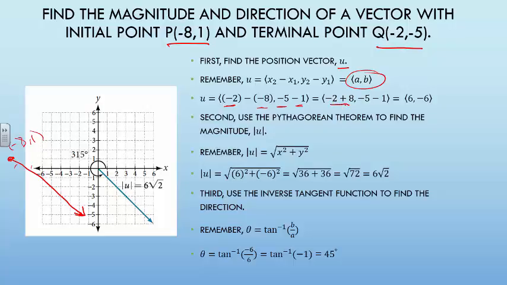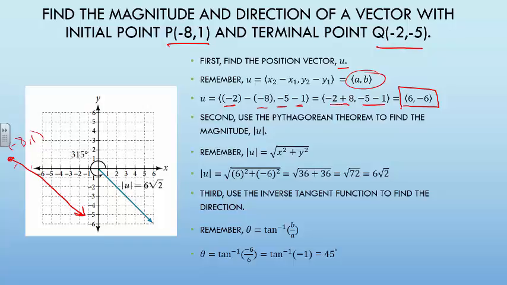A negative and a negative is a plus, so that's negative 2 plus 8 for our x's, and we have negative 5 minus positive 1, or negative 5 minus 1 for the y's, further reducing it to 6, comma, negative 6, and that is our position vector.